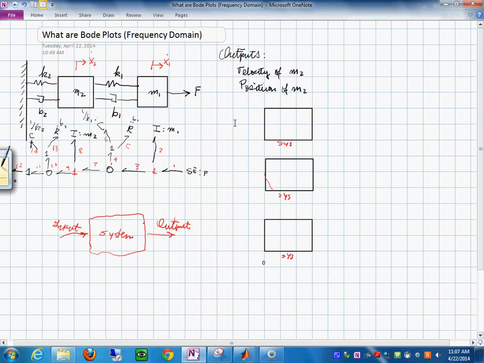One possibility is that in the time domain you have, of course, your input. Input is a function of time, and the output is also a function of time. What do you have in here? You can have differential equations.